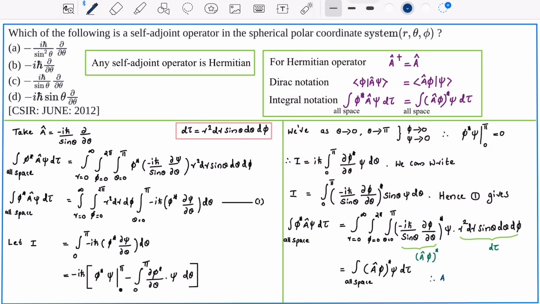Thus, we can say that the operator A, minus i h bar by sin theta dou by dou theta, is Hermitian. Therefore, it is the self-adjoint operator, and from the given options, we can say option C is the right option.